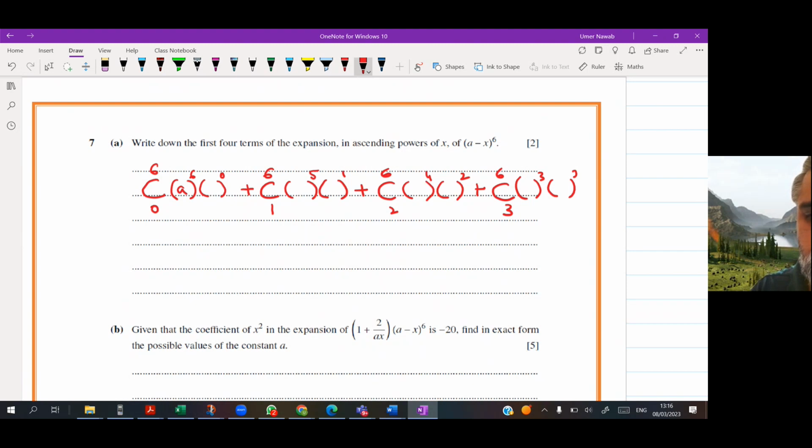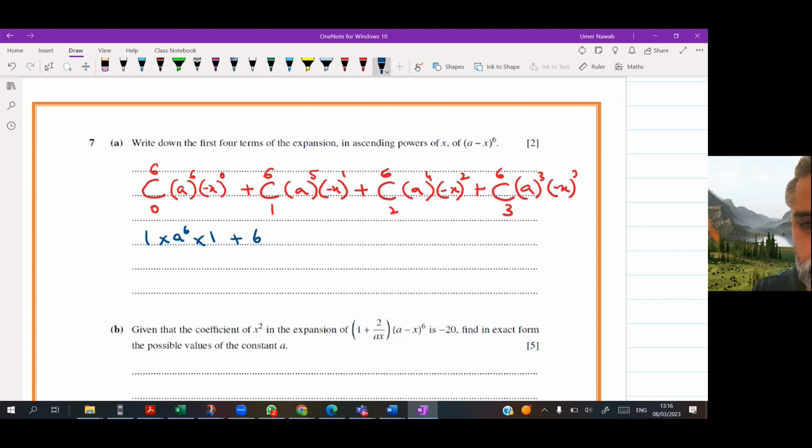It is (a minus x) to the power 6. I'm getting 1 times a to the power 6. This is 1.